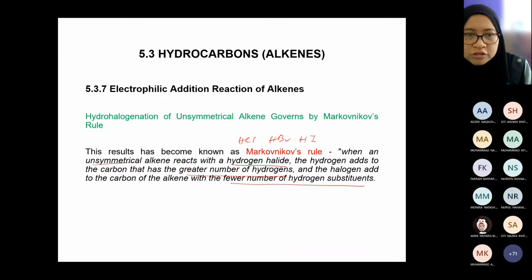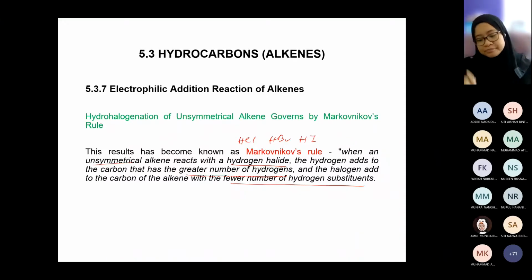I think it was introduced during this hydrohalogenation, but the concept is the same as halogenation in water just now. The OH, the more nucleophilic species, will be added to the more substituted carbon.